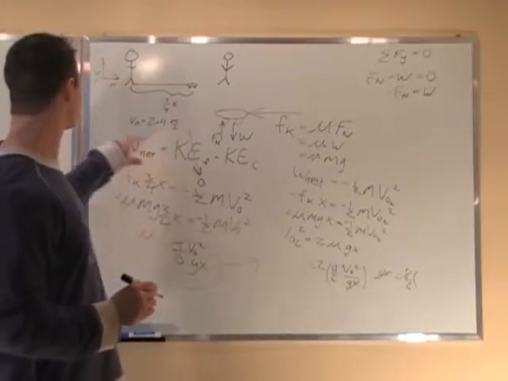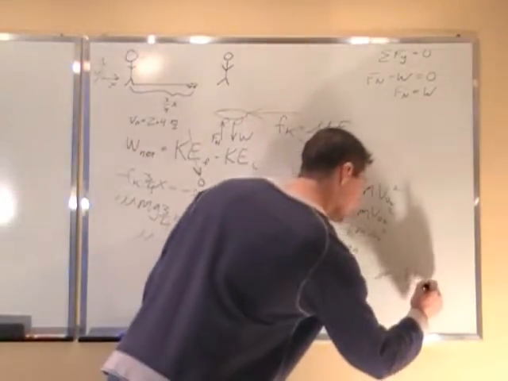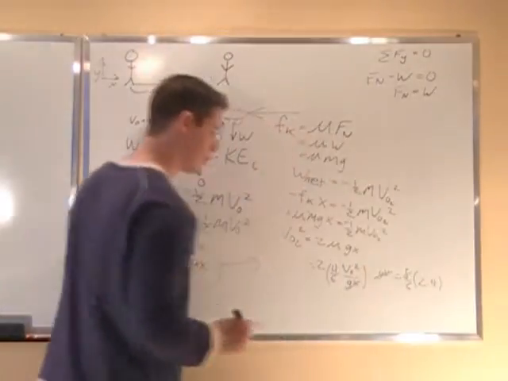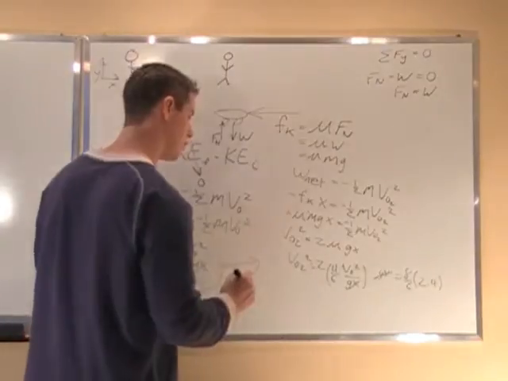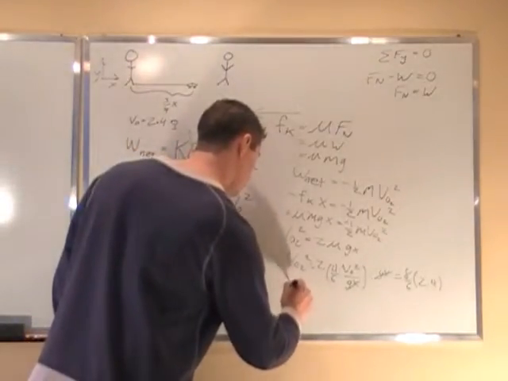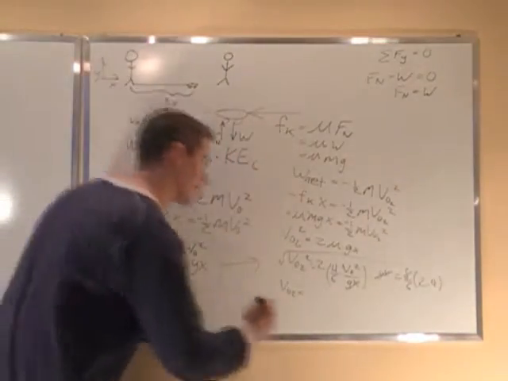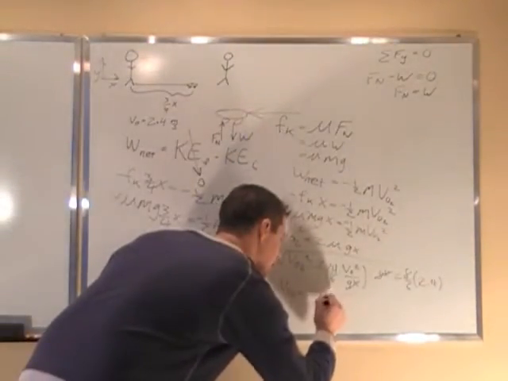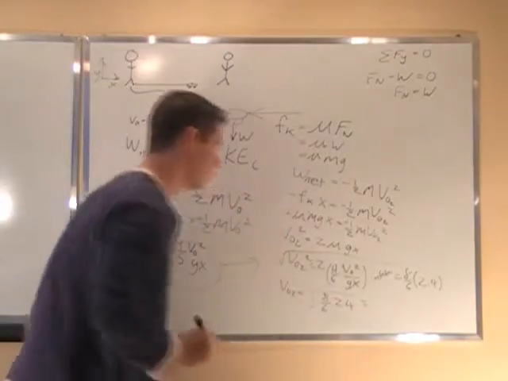Our initial velocity is 2.4 meters per second. And this is what v naught 2 squared is. So for v naught 2, I take the square root of both sides. That equals the square root of 8 over 6 times 2.4 squared.